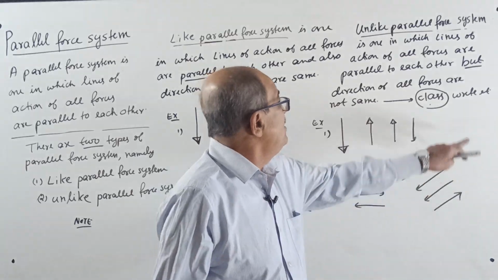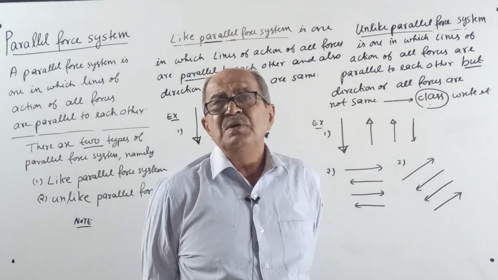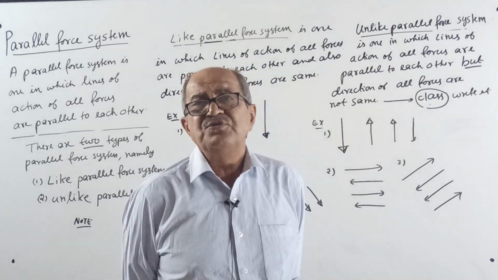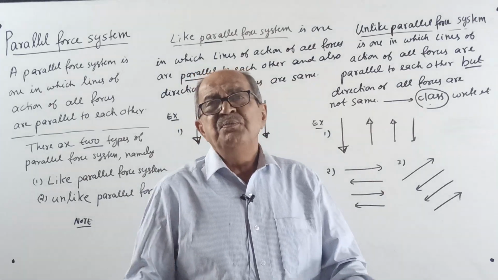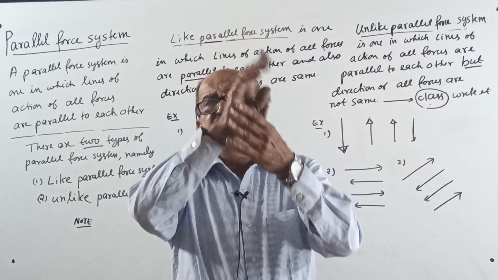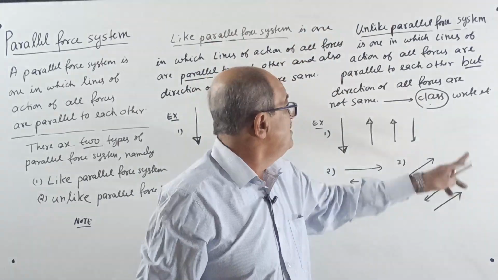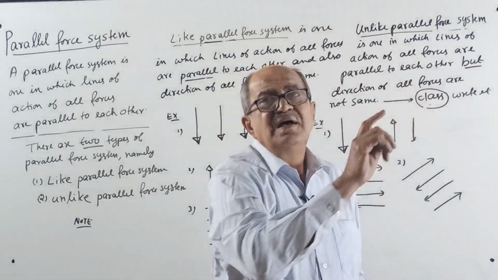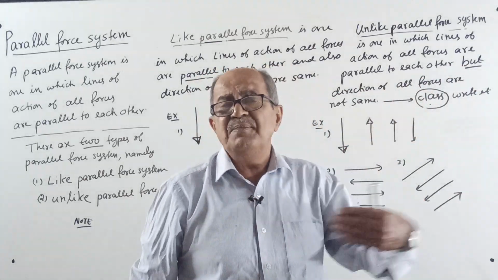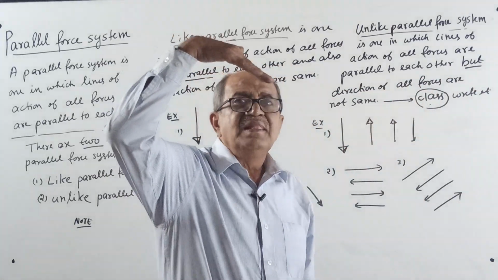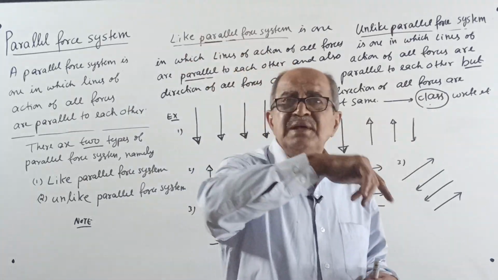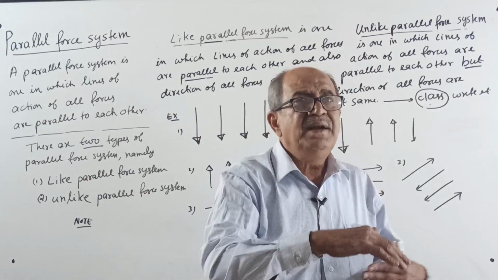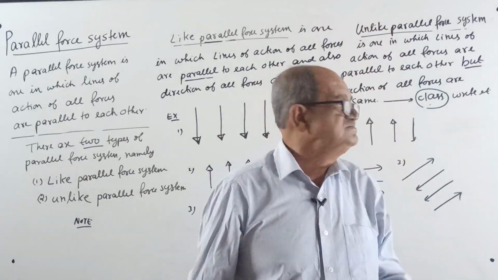The direction of some of the forces will be opposite to the direction of other forces. If some forces are vertically up, others should be vertically down. If some forces are horizontally right, some others can be horizontally left. If some are inclined this way, some other forces should be at the same angle, parallel, but opposite.